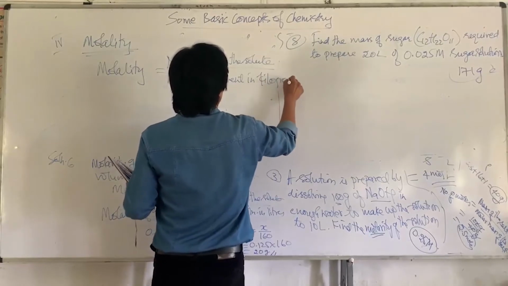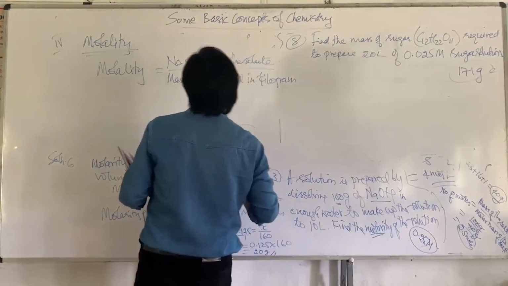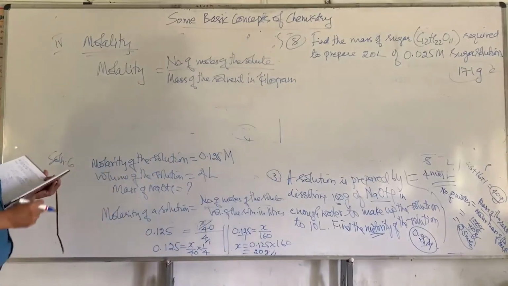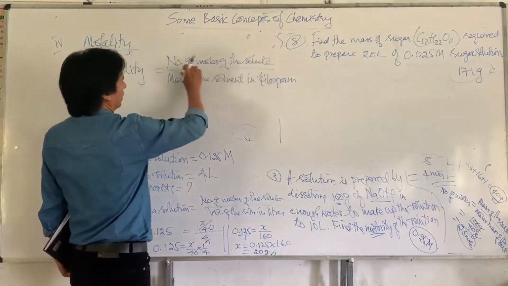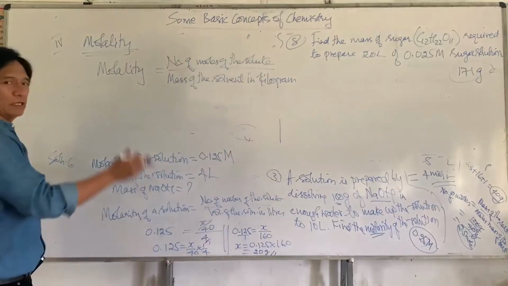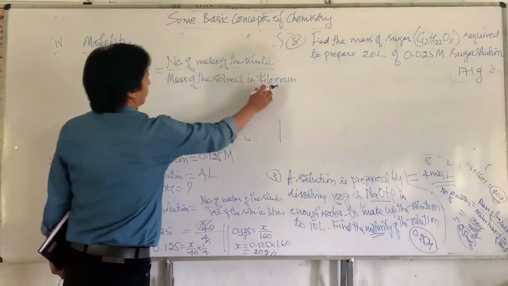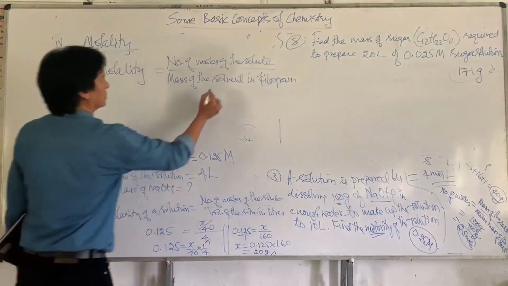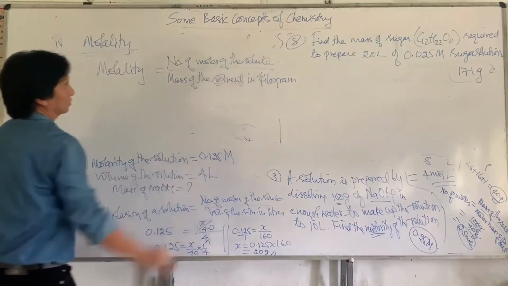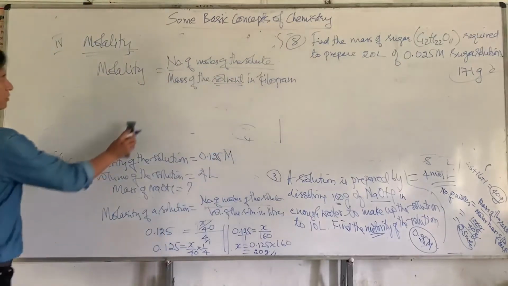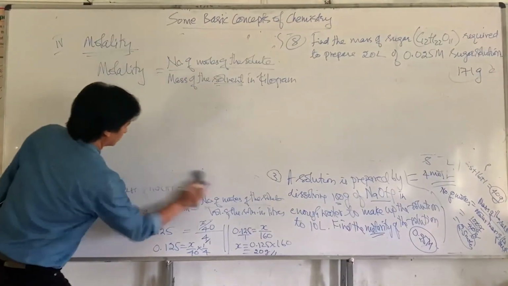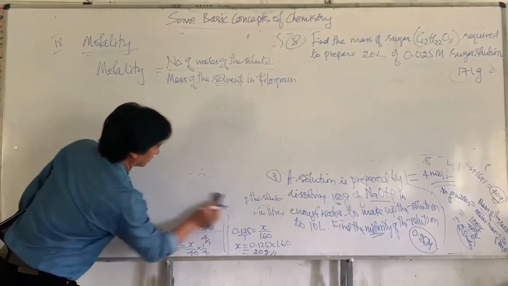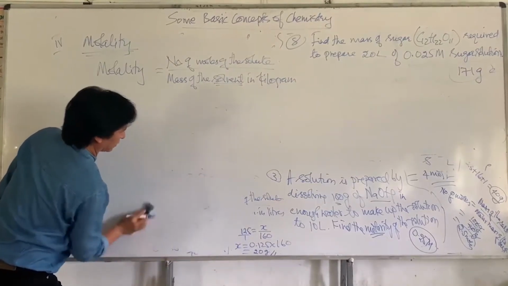Again, in the numerator you have the number of moles of the solute, that is the salt, and in the denominator you have the mass of the solvent, not the solution. You have to express it in kilograms. So based on this, just two simple examples.